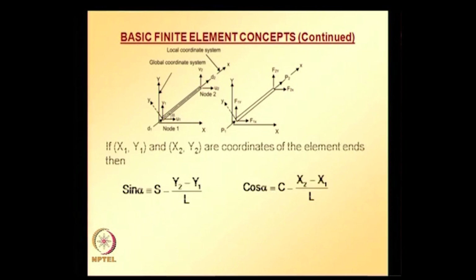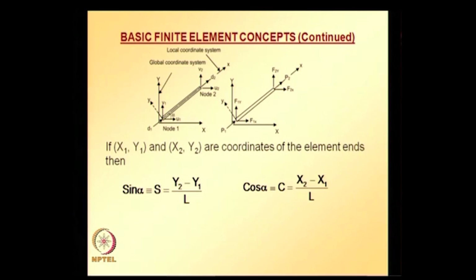And for an arbitrarily oriented element, if X1, Y1, X2, Y2 are the coordinates of the element ends, then the components of this transformation matrix can be obtained using the coordinates of the element ends, as given in this equation.